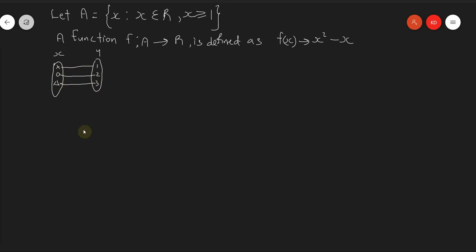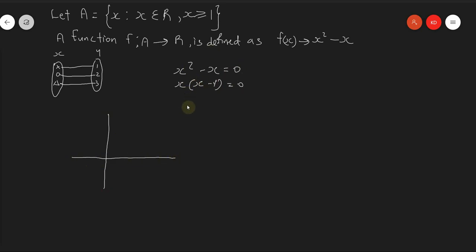Anyway, I'm going to use a graphical method to do this. x squared minus x is the function, so let's set it equal to 0. Then we have x times x minus 1 equals 0, just to find the roots. Let's sketch our curve based on this.